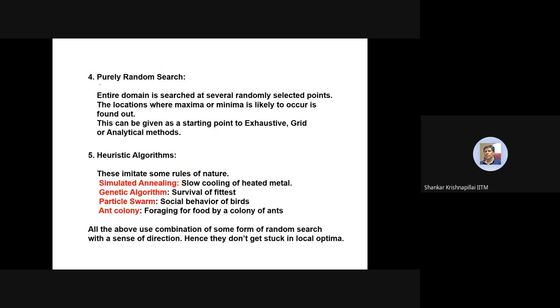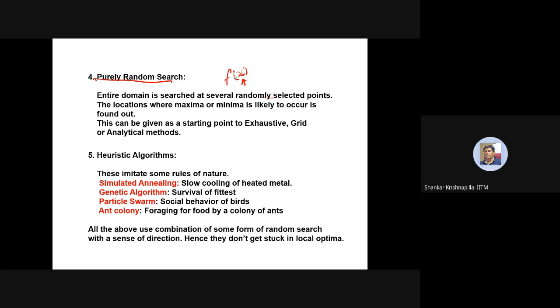Another is purely random search. The entire domain is searched at several randomly selected points. So f of x is evaluated at some randomly selected values of x, and you check if the objective function value is a minimum there.